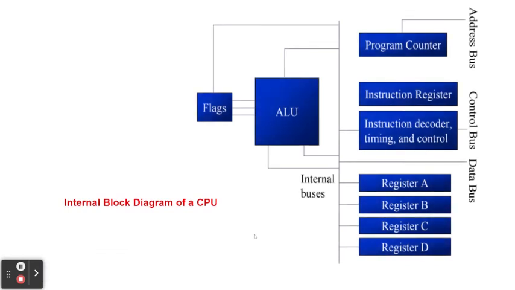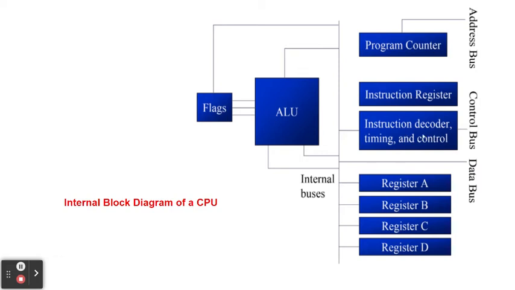What you see here is the internal block diagram of a CPU. The biggest of the boxes in the block diagram here is the ALU, which means arithmetic logic unit, connected to the flags. And we have here the internal bus. As you can see, the program counter is connected to the address bus, instruction register.